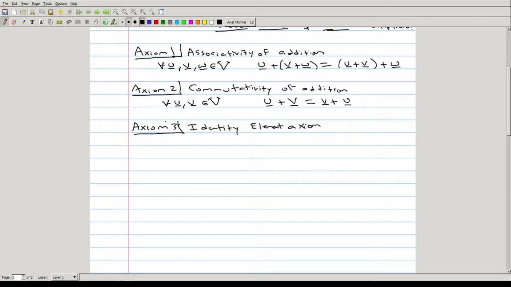And this is saying that there exists some vector we call the zero vector in the vector space V, such that for all v in the vector space, so for any vector in the vector space, v plus 0 is equal to v. And I should be very specific, it's the identity element for addition.